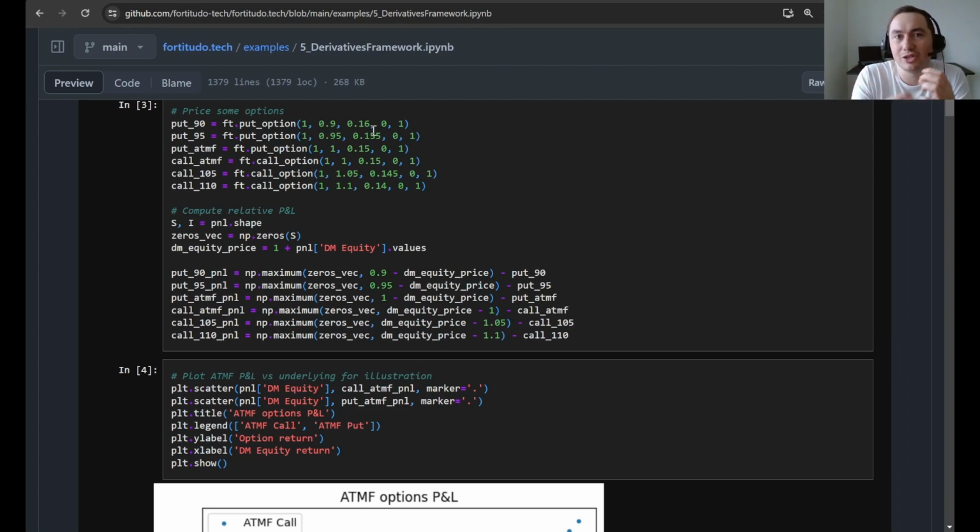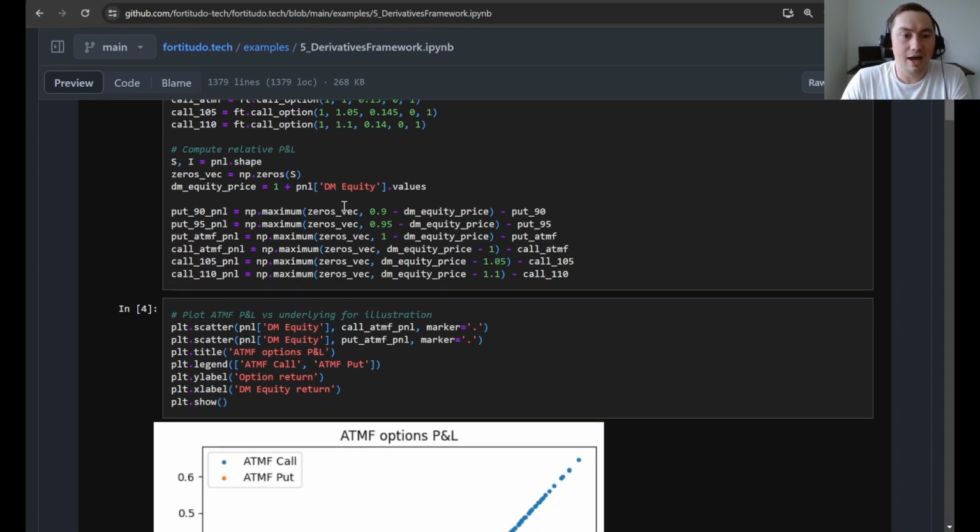We just need something that looks like put and call options P&L, and then we perform some analysis to see how things behave. So after finding the price, the important point here is that the price is given with a notional of 1. This is how we define these relative market values if you look in the article. After having the price, we just compute the options P&L.